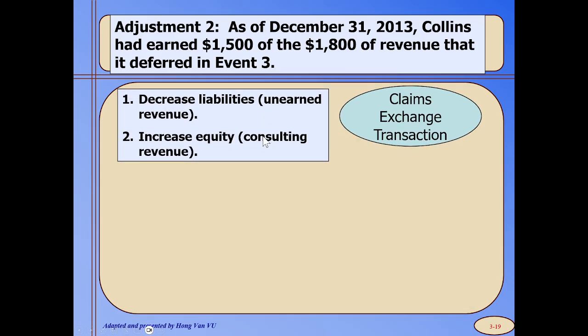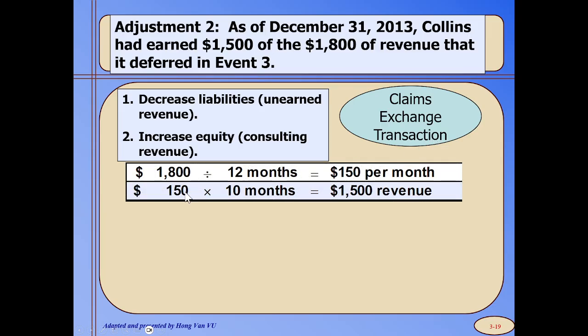This transaction decreases the liability account unearned revenue because they performed it. However, because now they perform the service, this transaction increases the consulting revenues, an equity account, and it is classified as a claim exchange transaction.